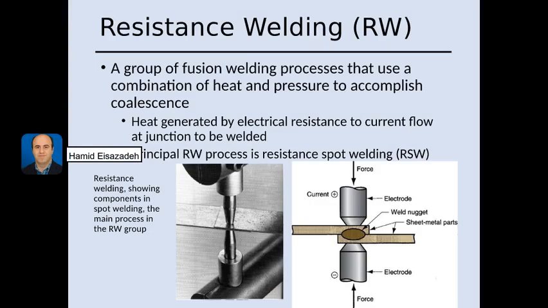Resistance welding is the next joining process we want to look at. In this category, we join material by heating the plates through an equation called the Joule heating law equation.